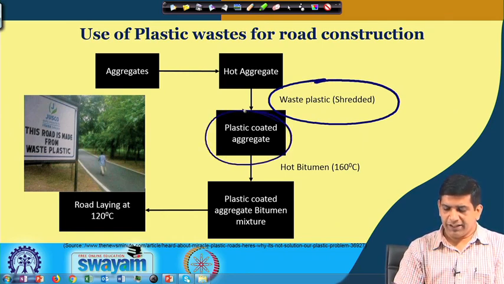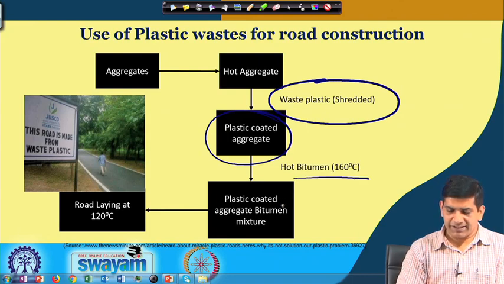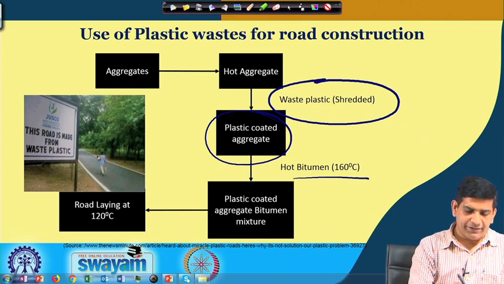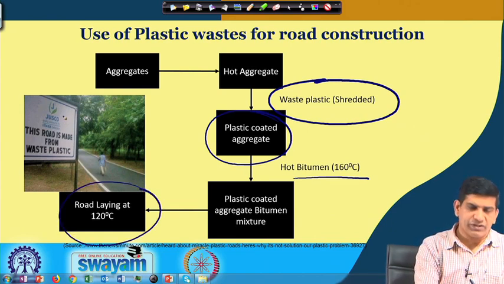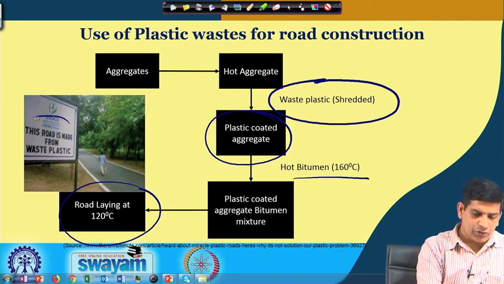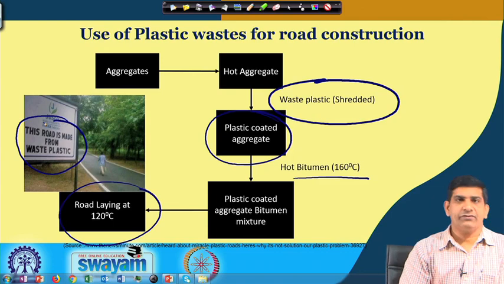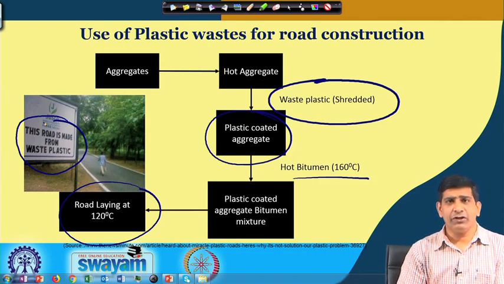This plastic coated aggregate is mixed with hot bitumen to get a plastic coated aggregate bitumen mixture, and then the road is laid at around 120 degrees centigrade. For example, in Jusco in Jamshedpur, Tata Nagar, a road is made of waste plastic. It is being used in many places in India and also abroad.